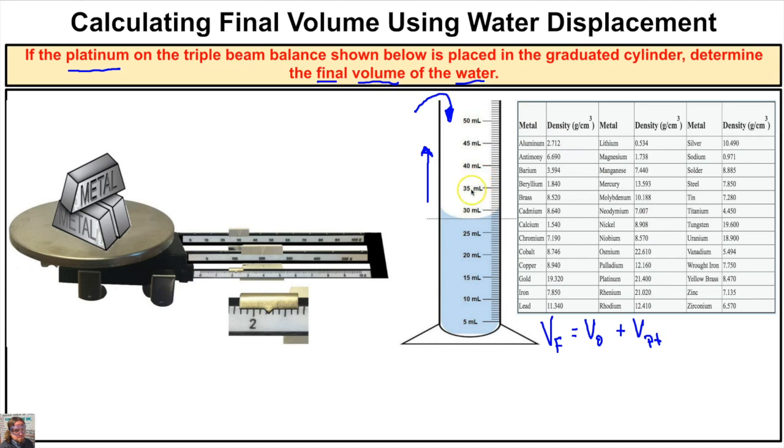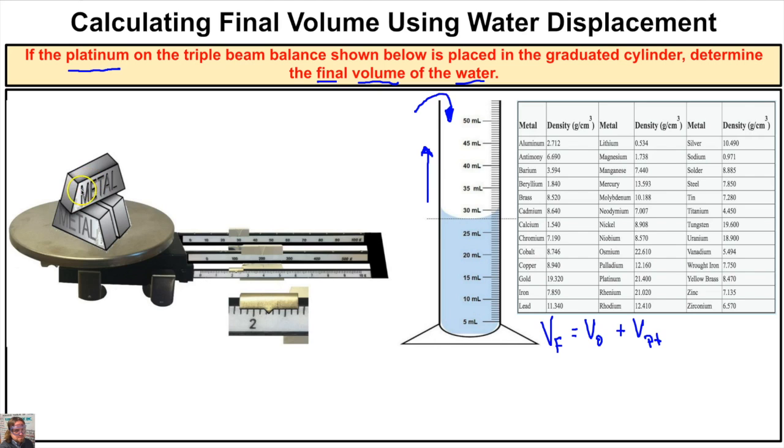The final volume of the water that is in this graduated cylinder is going to be equal to the initial volume of the water that is in this graduated cylinder plus the volume of this platinum metal once we put it in here. Once we put the platinum metal in this graduated cylinder, the water level will rise by the amount of the volume that we figure this out to be.